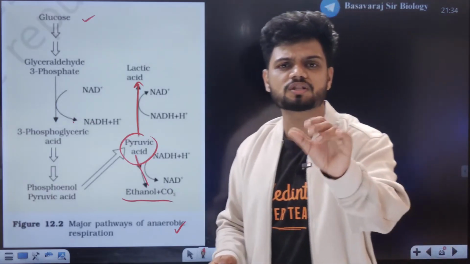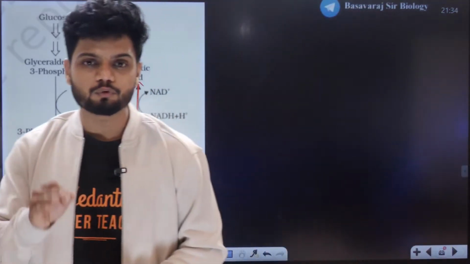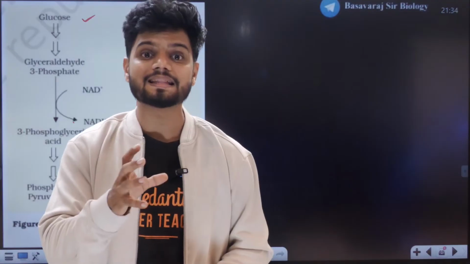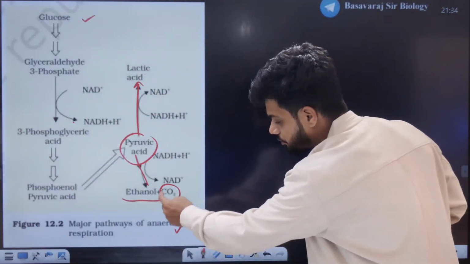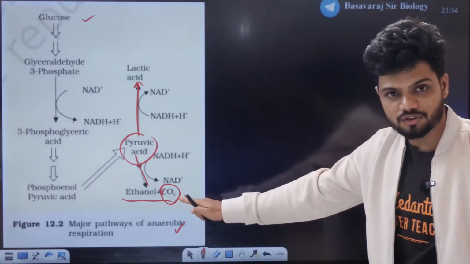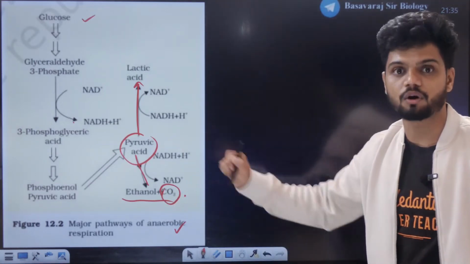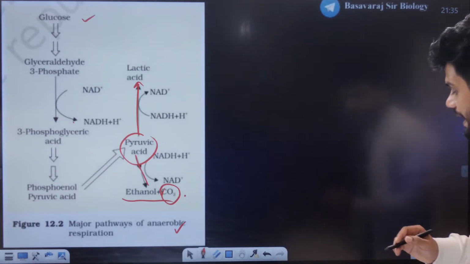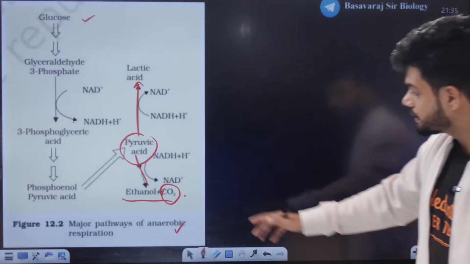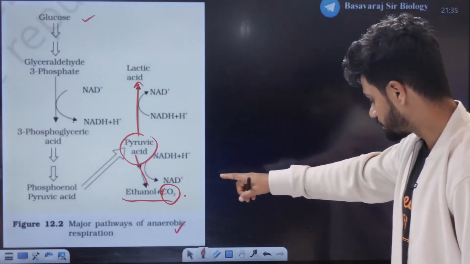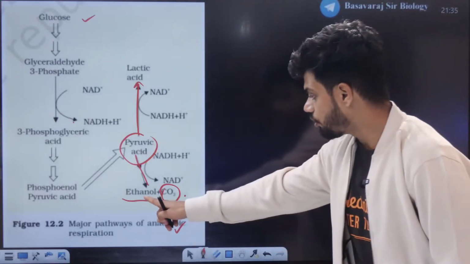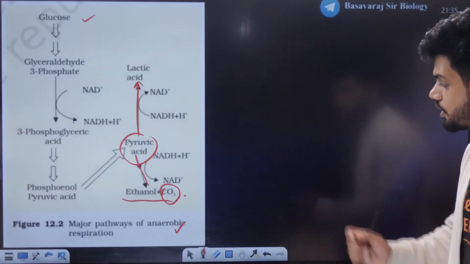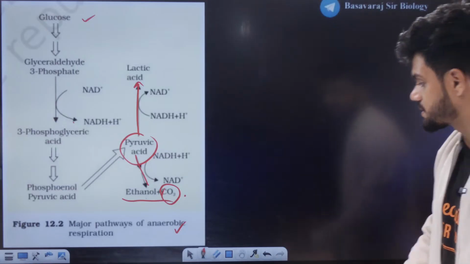Which type of question can they ask you here? The main type of question is about the enzymes involved. For example, CO2 is being released here, so the first enzyme that comes to mind is the decarboxylase enzyme. In alcoholic fermentation it is pyruvate decarboxylase. Then, for alcohol formation, alcohol dehydrogenase.